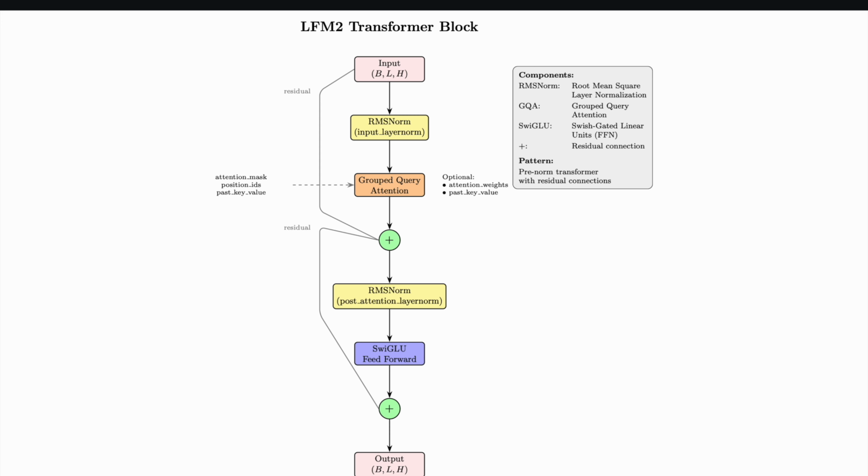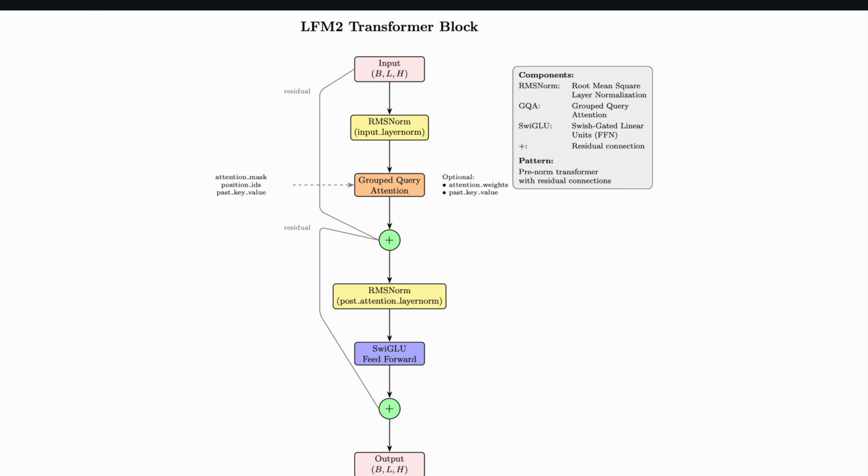We have SwiGLU feed forward, which is technically switch gated linear unit, and once we go to the code, I'm going to explain how it looks, and we're going to code this part and every other part in full detail. Don't worry about them. Then again another residual connection, and then we have the output.